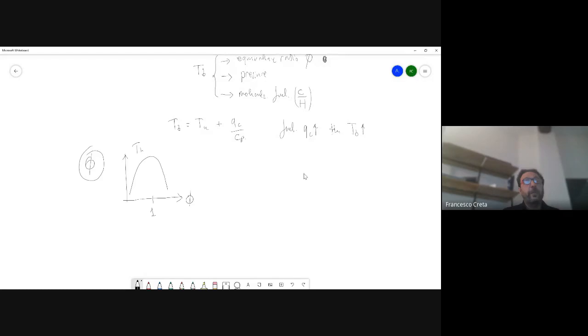When you have richer or leaner mixtures, the excess with respect to the stoichiometric proportion, of either oxidizer or fuel, will tend to dilute the mixture. It won't burn, so it will bring the temperature down. This is the main reason.